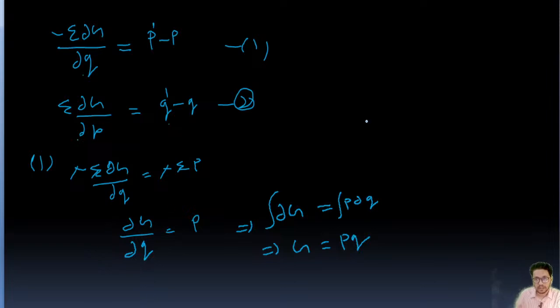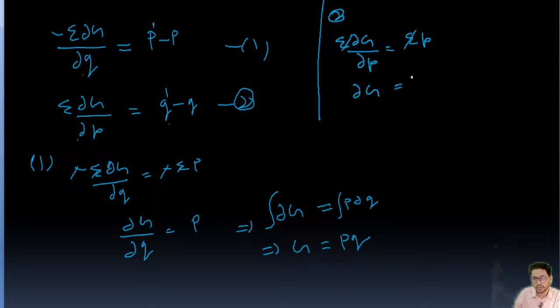Similarly, from the second one, del G upon del P is going to be epsilon P. Epsilon will get cancelled, so del G is going to be Q del P, integration, and from here also G equal to PQ, right?